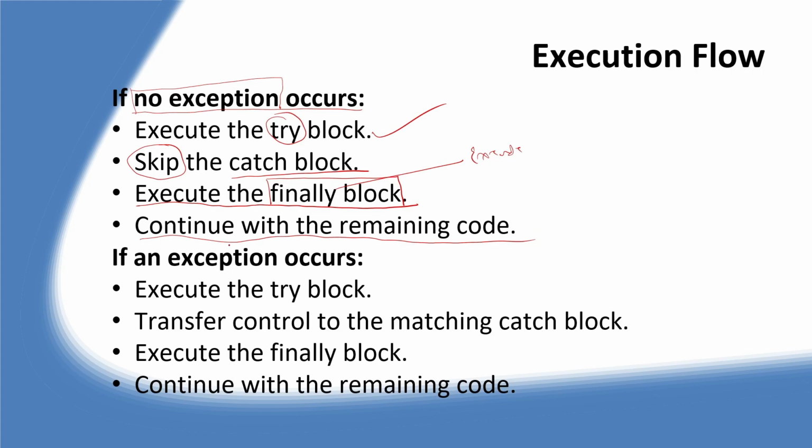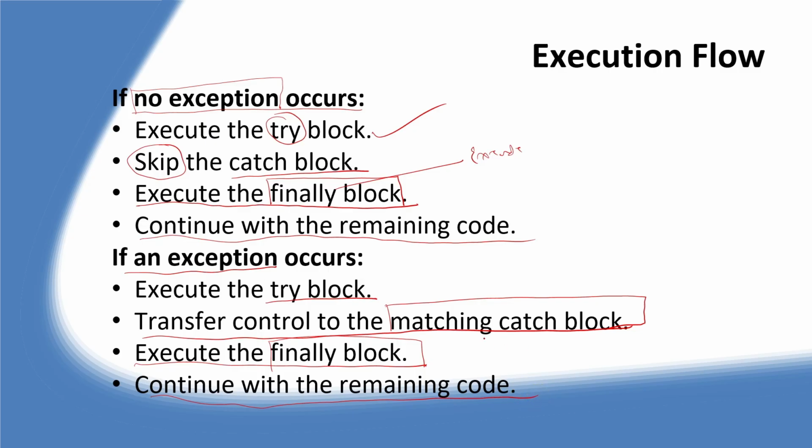And second scenario, if you are getting an exception, then after execution of the try block, control is transferred to the matching catch block. After execution of the catch block, it will execute the finally block, and after the finally block execution, it will continue with the remaining lines of code.